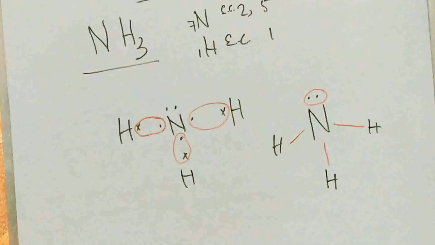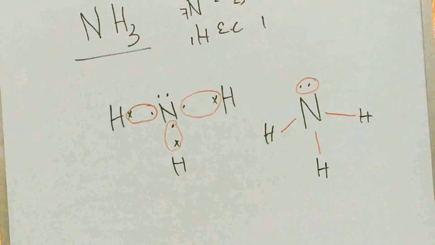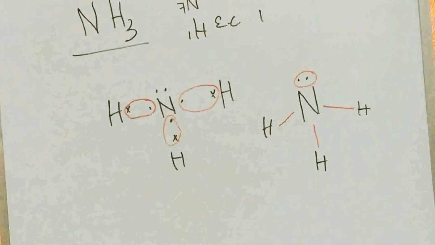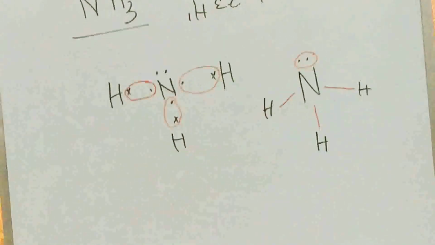So thus the ammonia molecule is formed between nitrogen and 3 hydrogen atoms by formation of covalent bonds.